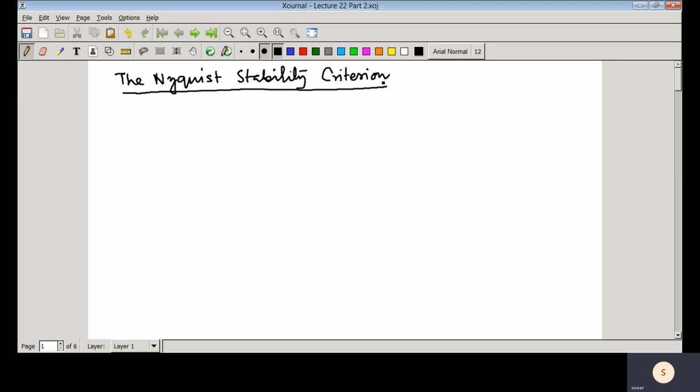The difference with the Routh-Hurwitz criterion is that it tells us about absolute stability, that means whether the system is stable or not. But the Nyquist stability criterion tells us whether it is stable or not, as well as how much stable it is.